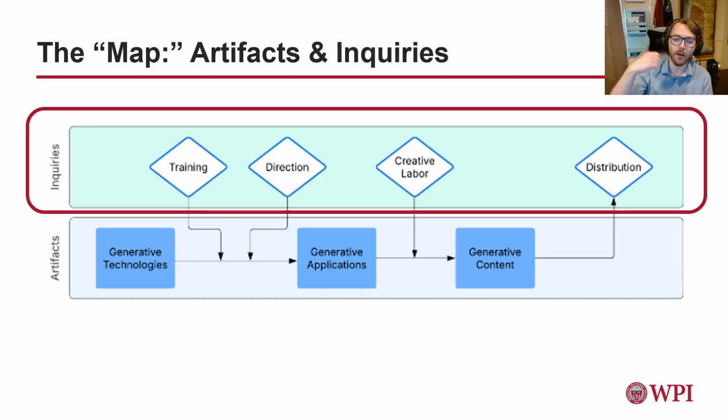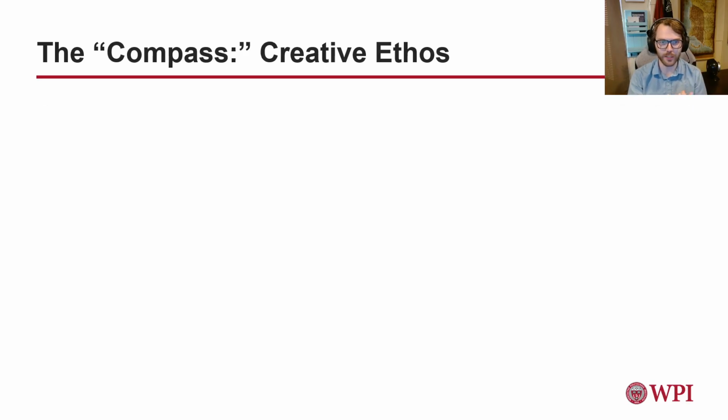After a tool is made, you engage in some kind of creative labor, whether that be developing a text prompt or something else. Sometimes people edit the outputs. So creative labor was another thing that had a lot of attention given to it. And then the distribution on platforms like Pinterest, for example, which people found to be overrun with generative content. So these were the primary inquiries that people faced.